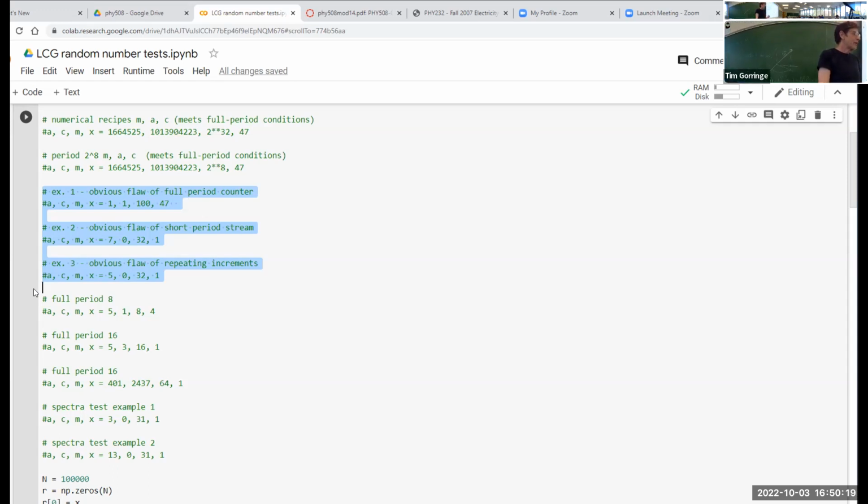Because if you just go and pick your own favorite M, A, and C, you're probably going to have a flaw. Most sets of numbers will have kind of flawed random number generation. So I just want to show you some of the common flaws, and then we'll talk about the standard ways to get around the worst flaws.